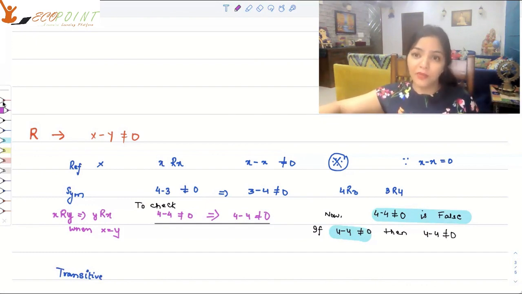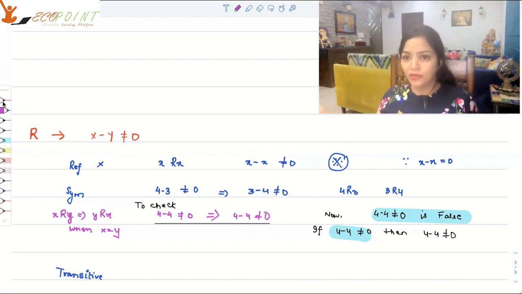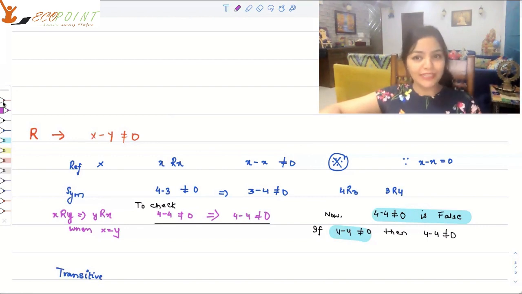If this happens, then this should happen. If the if part is not happening, that means you cannot really disprove the statement. Okay, well, we will talk about all this in mathematical logic soon. But for now, this statement is actually true even if I take 4, 4 as a part of this relation.